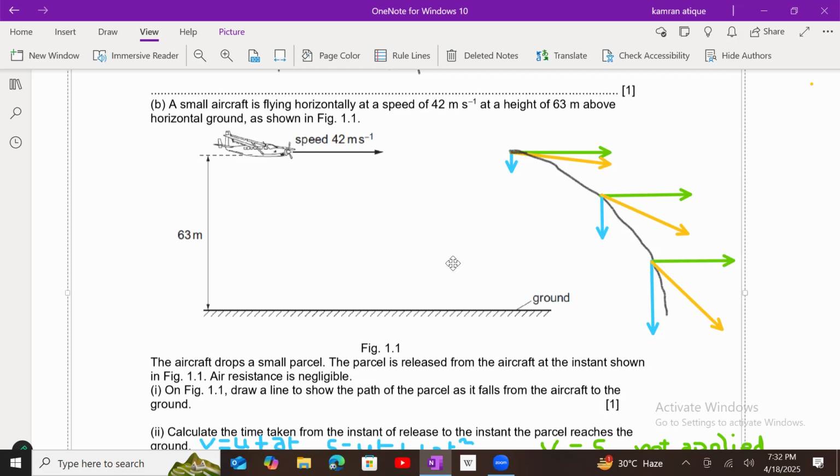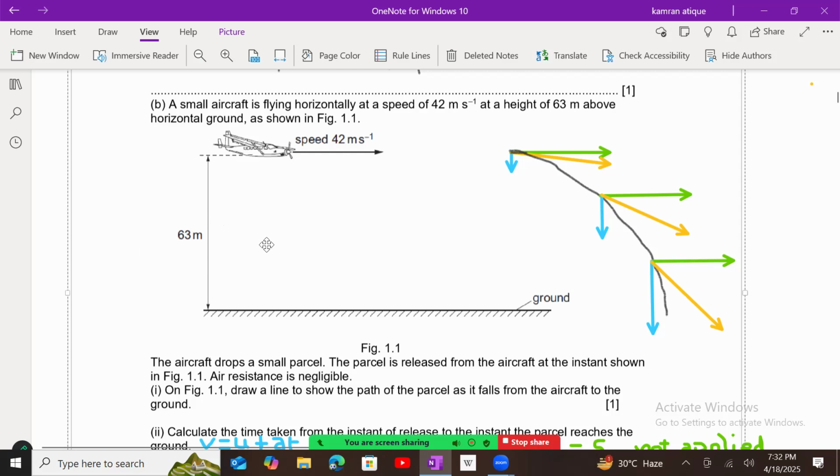And whenever there is acceleration, we have to answer the questions of uniform acceleration. As in the vertical direction, the force remains constant in case of free fall. In case of free fall, the force due to gravity remains the same throughout the journey of 63 meters.